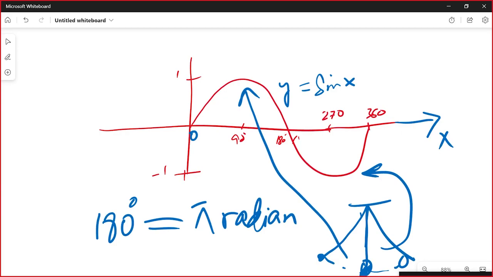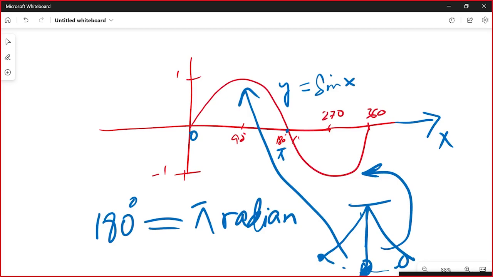Let me ask you, what is the value of x at this point? 90 degrees. Very nice. And here where I'm putting my blue dot? 180. Good. So if I want to convert them into radians, this is the relation: 180 degrees is equal to pi radians. It's like changing the scale.